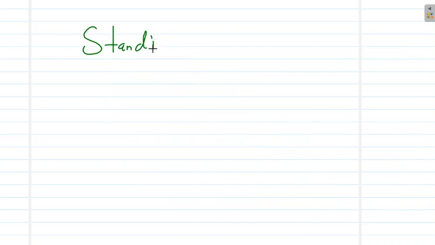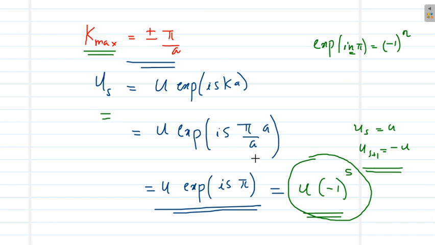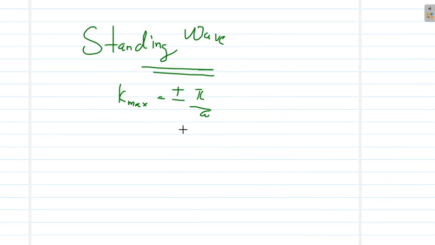So when k equal to k max, which is plus or minus pi by a, there is not a propagating solution. We will have a standing wave within the crystal, and each adjacent plane will be oscillating to the left and right, creating a standing wave.